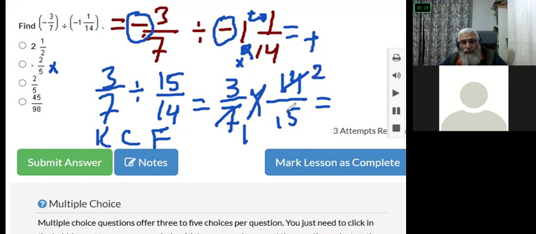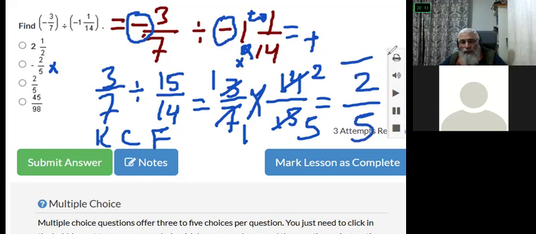And 3 and 15, divided by 3: 3 divided by 3 equals 1, and 15 divided by 3 equals 5. So 1 multiplied by 2 is 2, and 1 multiplied by 5 is 5. So the final answer is positive 2 over 5.